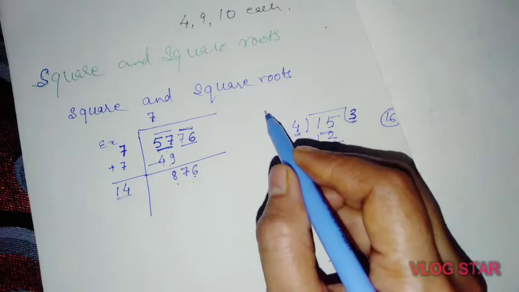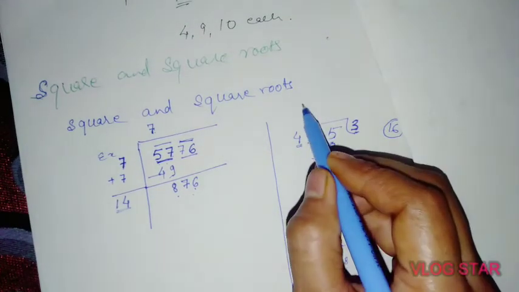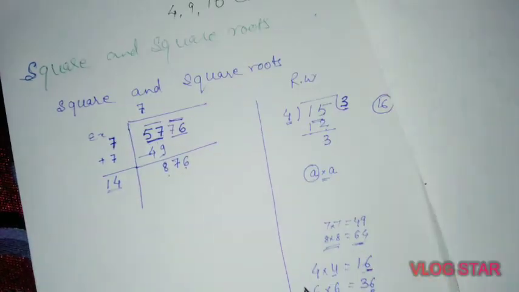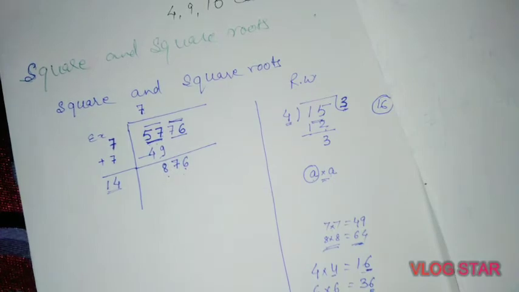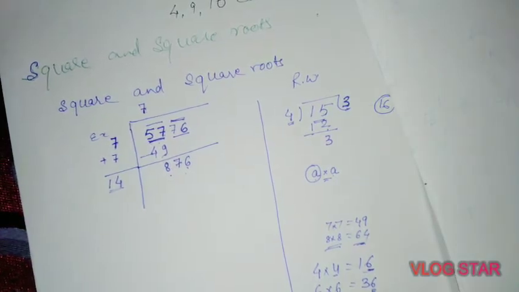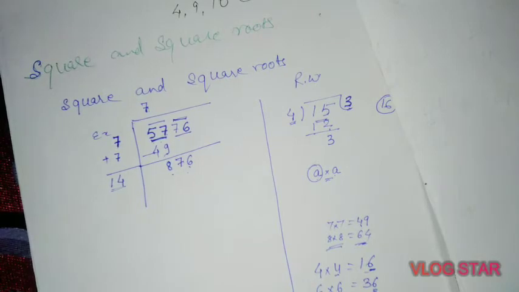Now all this is rough work. We see that 144 into 4. 4 4s are 16, carry 1. 4 4s are 16 plus 1, 17, carry 1. 4 1s are 4 plus 1, 5. 576 we are getting is a smaller number.